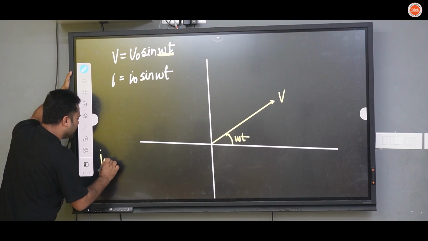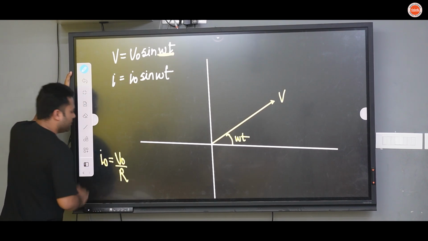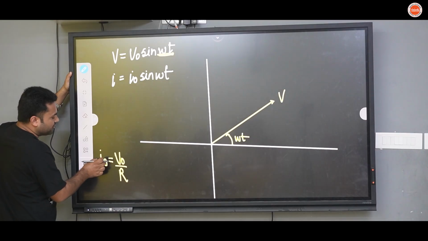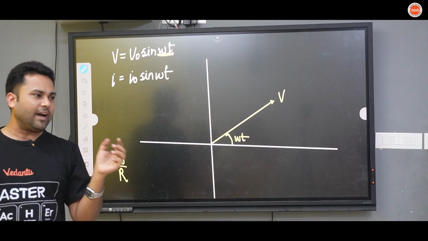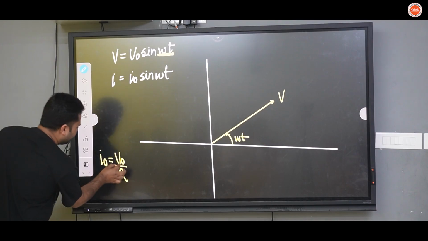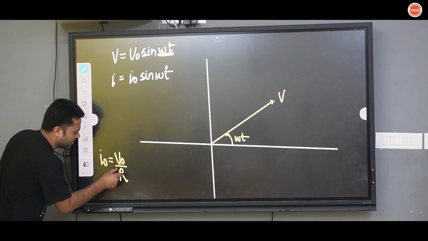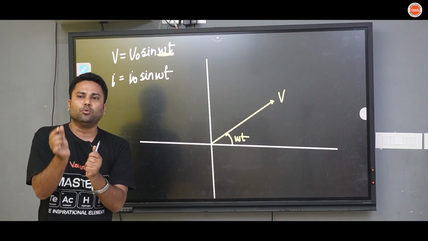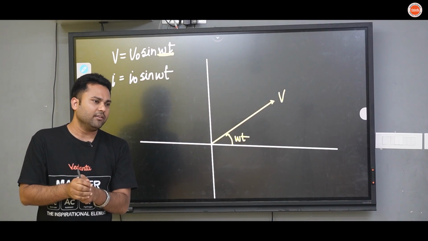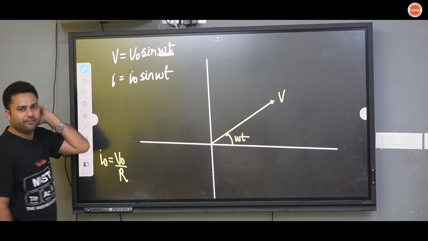I0 was V0 by R. So is I0 more or V0 more? V0 is more. I0 is less. See, we are dividing, and any number divided by another number becomes small. Like 10 divided by 2 becomes small. So definitely I0 will be less than V0.